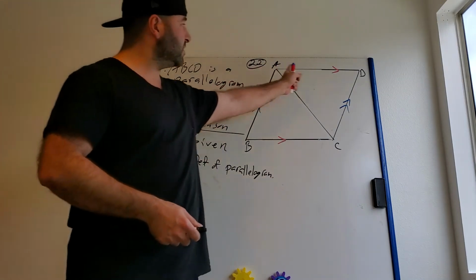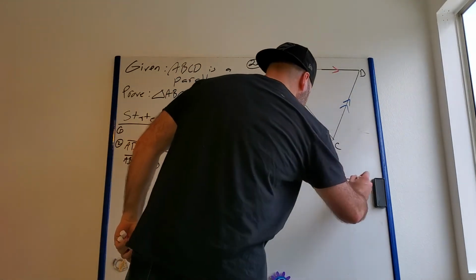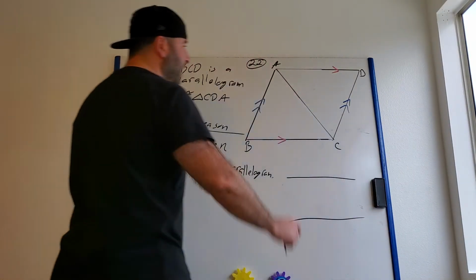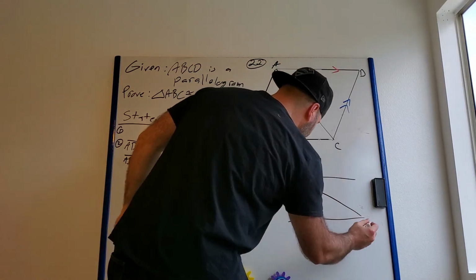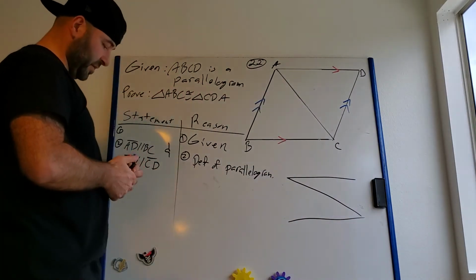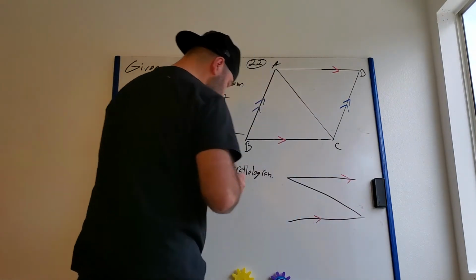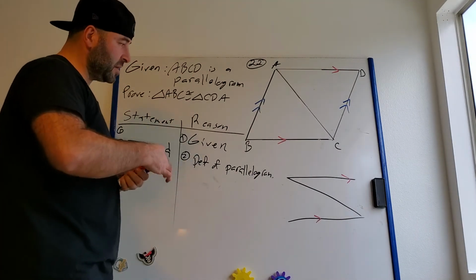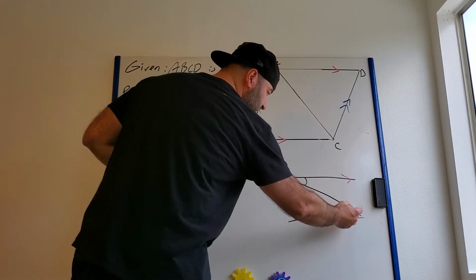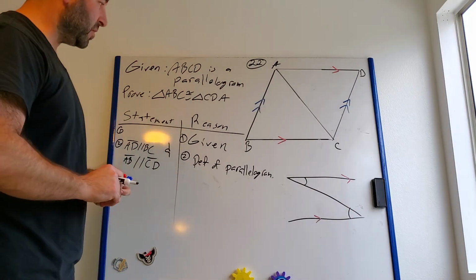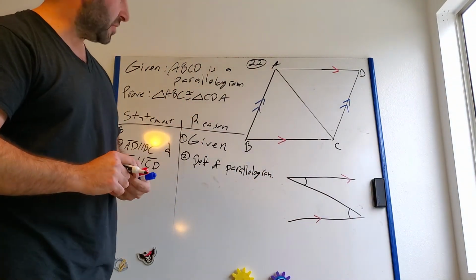Okay, so if these two lines, AD is parallel to BC, that means that AC is my transversal. And if those two lines are parallel to one another, let's denote that here. So if those two lines are parallel to one another, that means that this angle is going to be congruent to that angle. And then they actually end up being alternate interior angles.